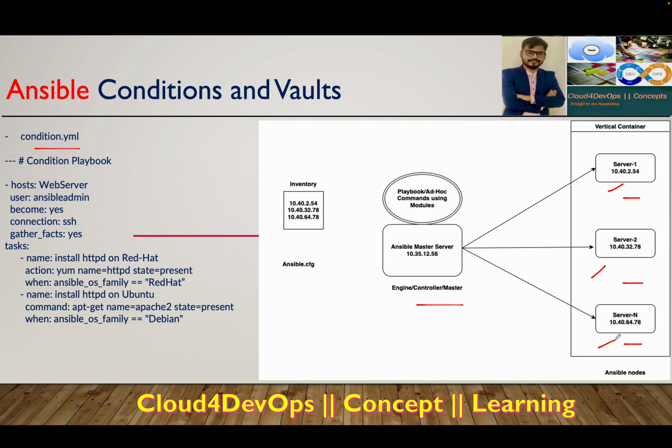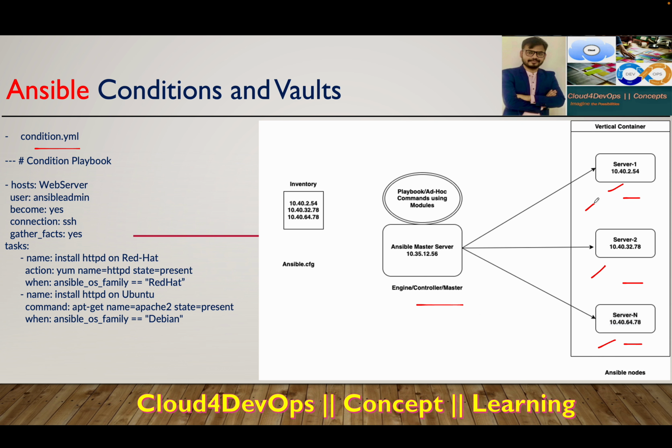Now I want to install Apache only on, let's say, the Red Hat family. What should I do? There are obviously multiple ways of doing it. You can create groups within the inventory of all the Red Hat family members, all the Debian family members, and all the Windows family members, and run based upon the host group.